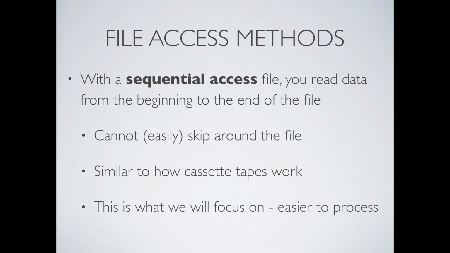Sequential access files are files from which you read data from the beginning to the end. You have to read the data in order, so you can't easily skip around the file. This is similar to how cassette tapes work. Remember in the olden days when we listened to our music, and let's say there was a song at track 5 that we really liked.